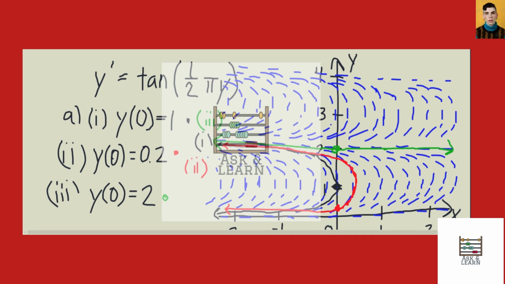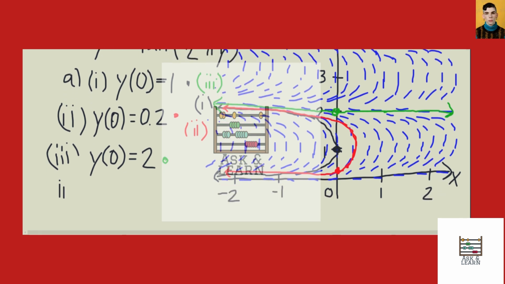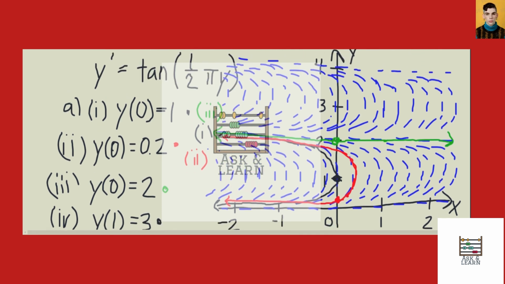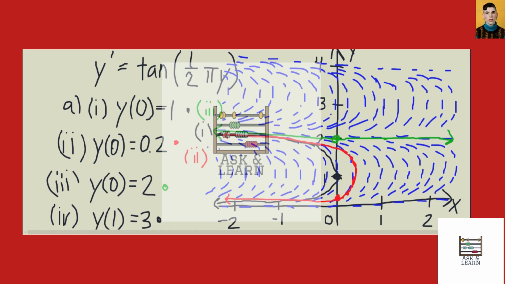In part 4, we're asked to find the solution with initial value y(1) equals 3. I'll graph this again in black. So we have that (1, 3) lies on the curve.